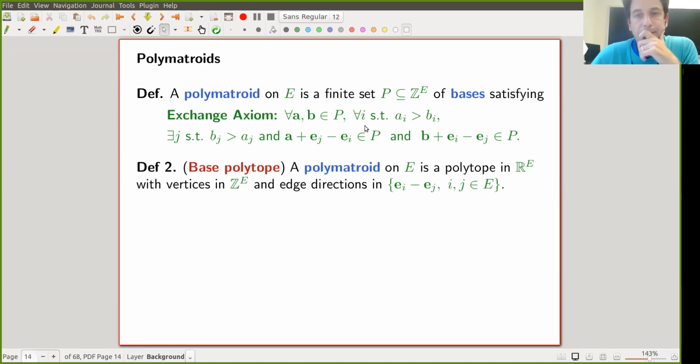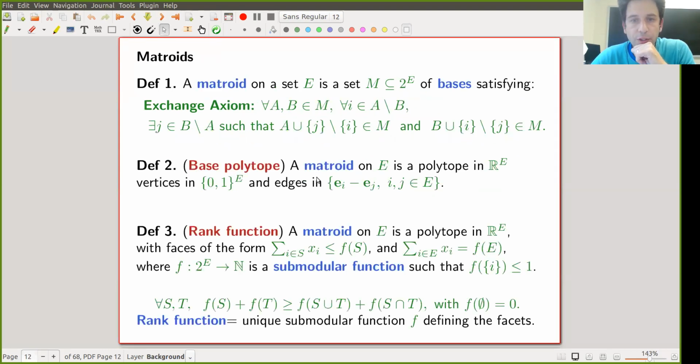Okay. So all right. Now let's look at the second definition and how it compares from the matroid setting to the polymatroid setting. So we are going to relax the definition here. In the matroid case, your bases were represented by points with 0, 1 coordinates.